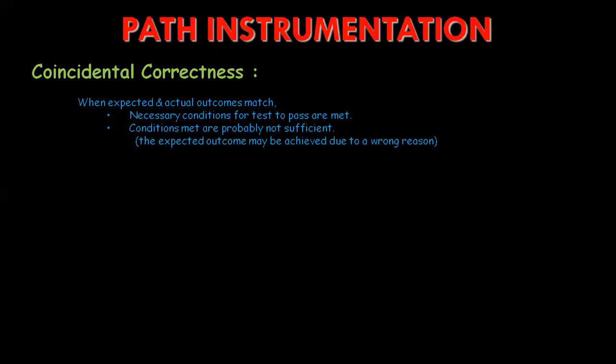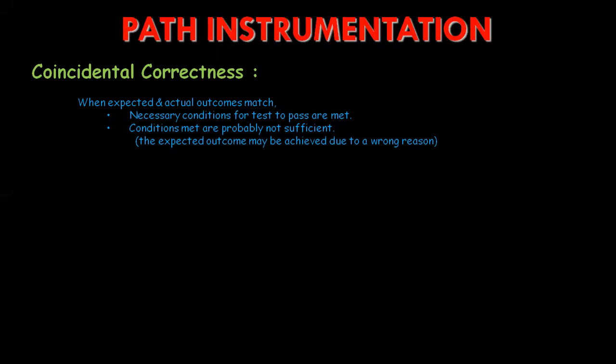This type of condition we name coincidental correctness. Simply it can be defined as a condition in which we check whether the expected outcome of a test is generated truly or not.